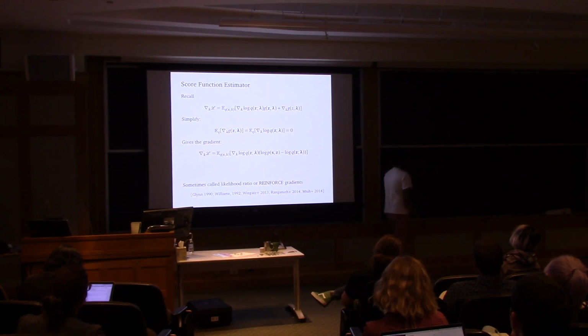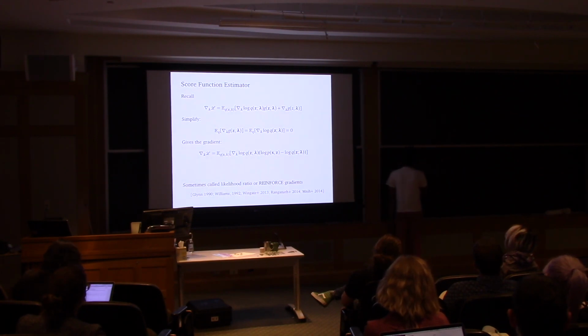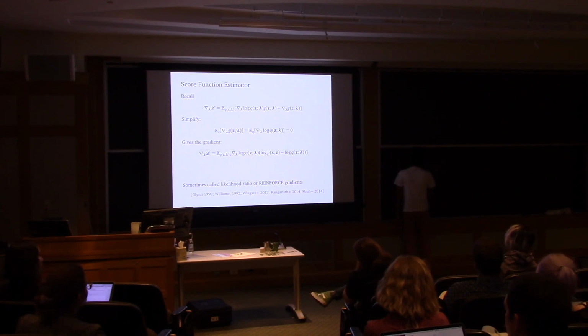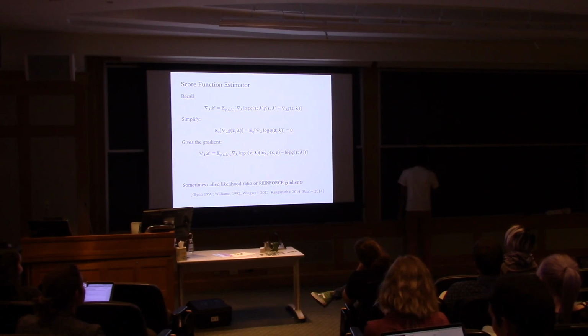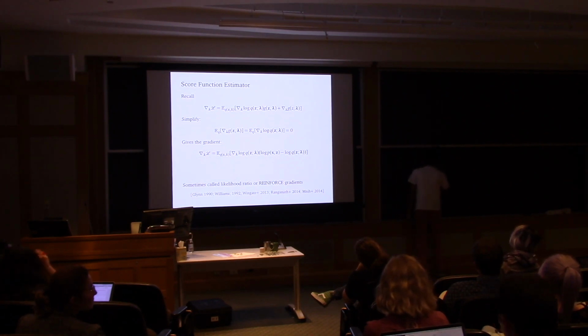And now, just to make things nice, we like to rewrite things as integrals. So this will be the integral of q of z with parameter lambda, the gradient with respect to lambda of log q of z with parameter lambda, integrating over z.